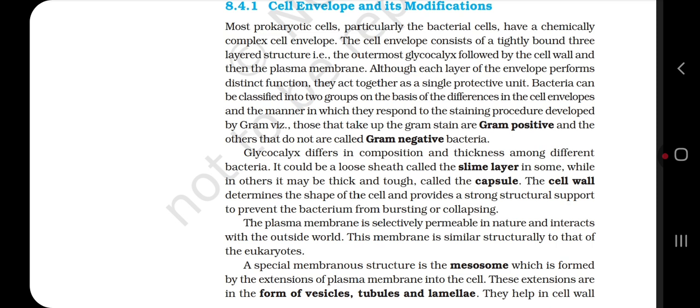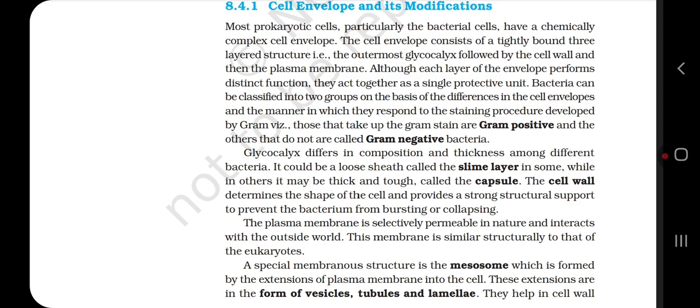The plasma membrane is selectively permeable in nature and interacts with the outside world. This membrane is structurally similar to that of the eukaryotes. A special membranous structure is the mesosome, which is formed by extensions of the plasma membrane into the cell. These extensions are in the form of vesicles, tubules and lamellae.